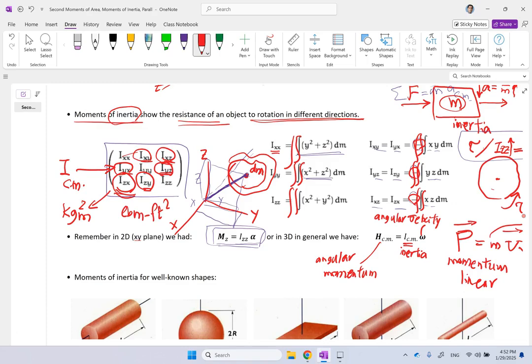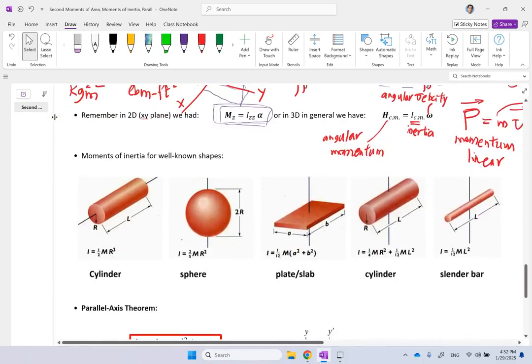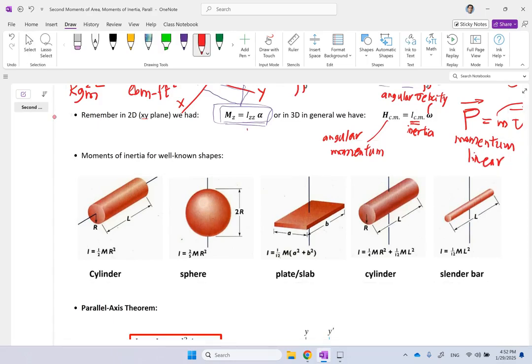Now, these are some of the well-known shapes and their moments of inertia about their axes. If you have a cylinder about this axis, just that component out of the 9 components, if you call it Z, that is going to be your IZZ, which is 1/2 mr squared, where m is the total mass of the cylinder and r is its radius.